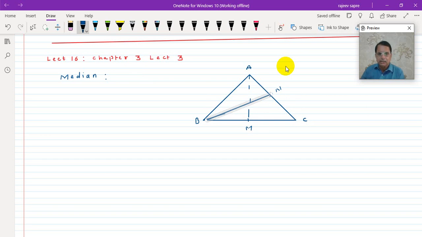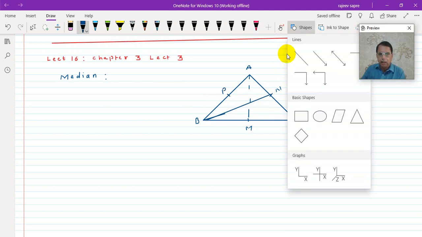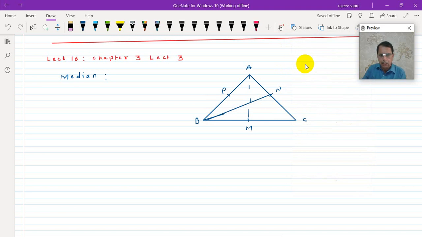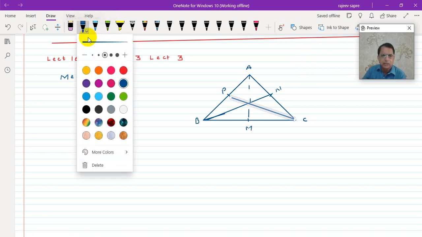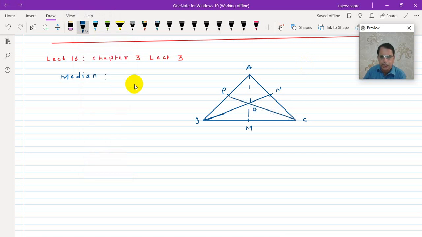And again suppose P is the midpoint of A and B, right? Then join P and C. Then these are the three medians, right? And you can see here the point where the three medians pass through is termed G, that is called the centroid of the triangle.